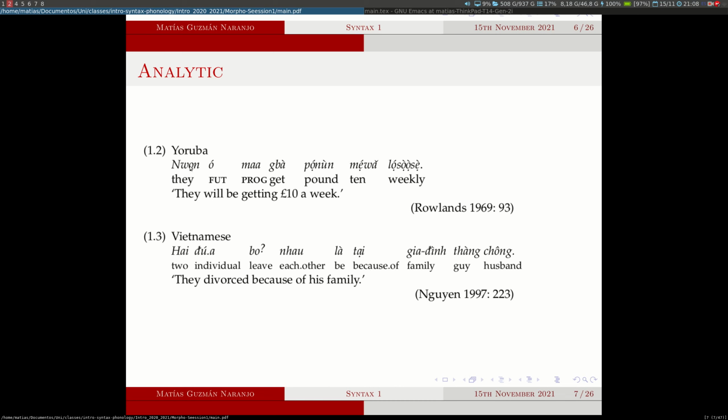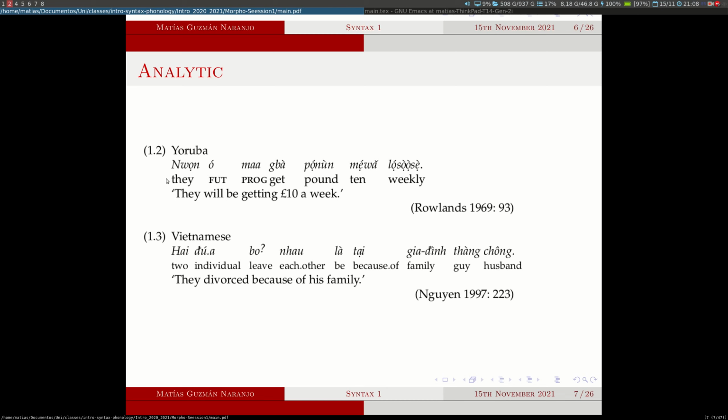So in this case, this non means they, o means future, ma is progressive, and I'm sorry I cannot do the tones well, kpa, or these co-articulations, they are very difficult. Ponun is pound, mewa is 10, and losose is weekly.